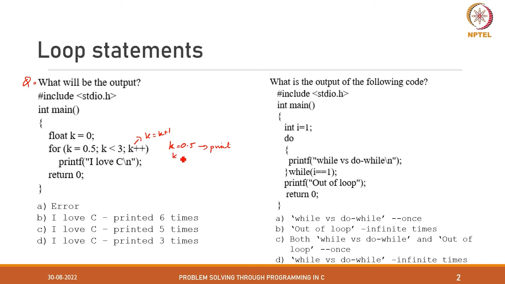Then the k value increases from 0.5 to 1.5, and that is the second iteration. So this is the first iteration and this is the second iteration. In the second iteration again it will print, right? Then after the second iteration is over, it will again increment the value by 1 and it will become 2.5. It will print it again. This is the third iteration.